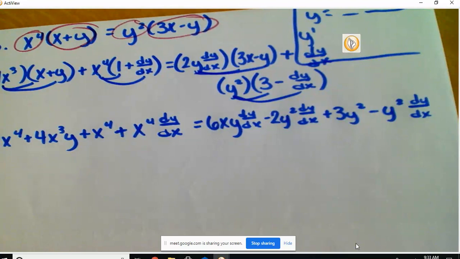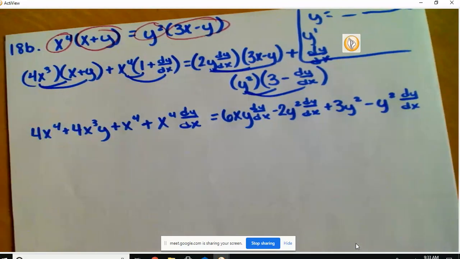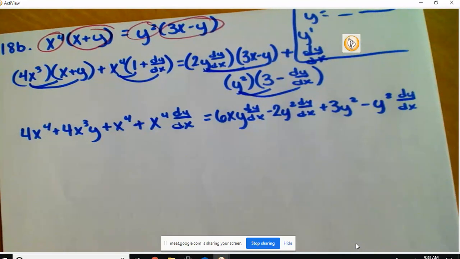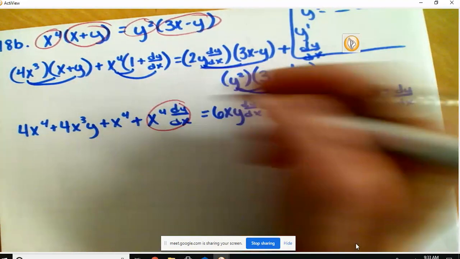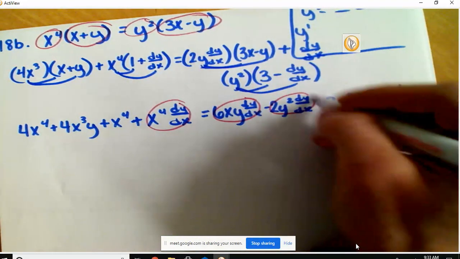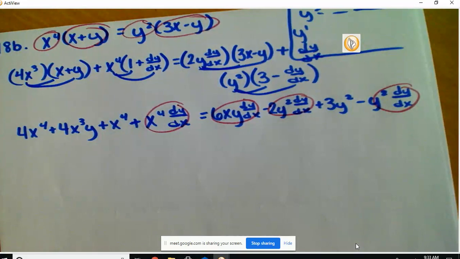Alright, pretty ugly right now. We have 1, 2, 3, 4 things with a dy/dx in it. So what am I going to do with those? We want all of those on one side and everything without it on the other.